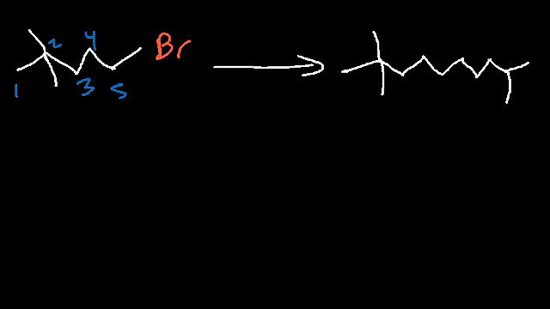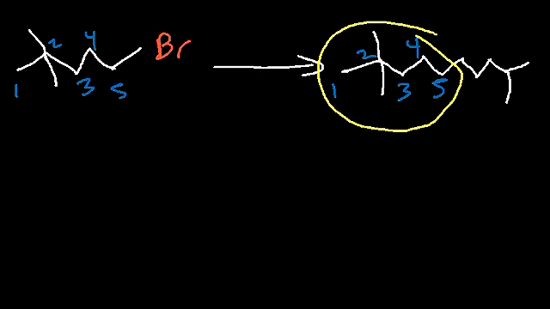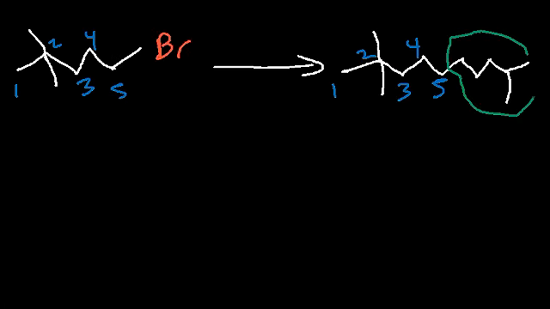I'm counting the longest chain. We also have 2 additional methyl groups in carbon 2. So if I count the same carbon atoms, 1, 2, 3, 4, 5, I know that this structure is already present in my reactant. So what I need to add to it is the part that remains, which is this part.